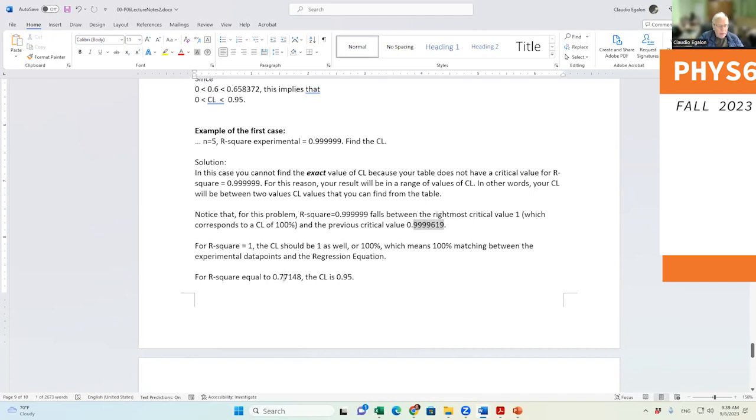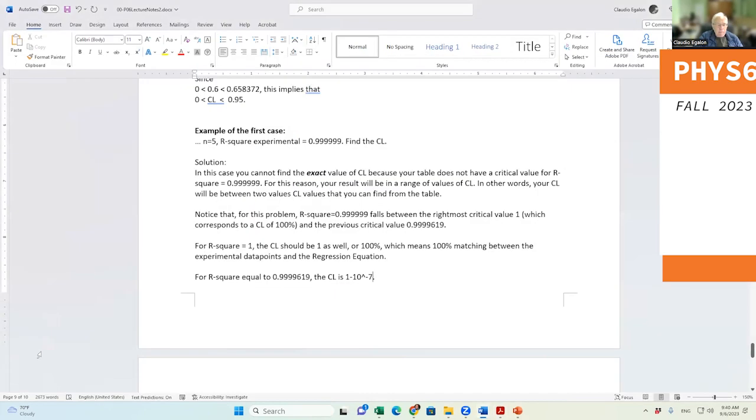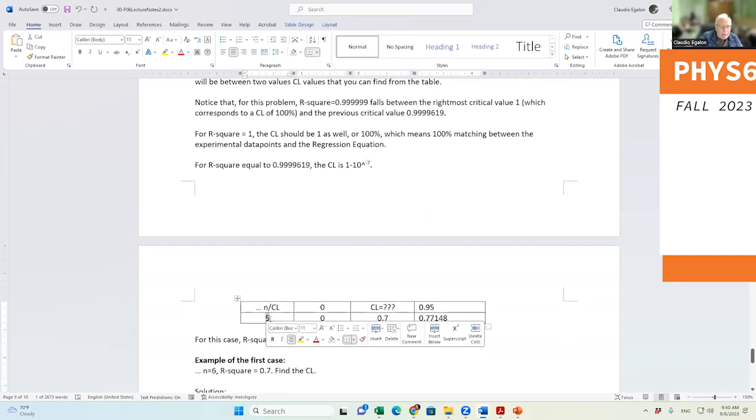For R squared equal to that, now CL is no longer 0.95, but it's going to be 1 minus 10 to the minus 7. Did you see that? Yeah, here you go. 1 minus 10 to the minus 7. Okay. And I'm going to raise to the power. And now I can go ahead and adapt this table for what I told you, with just one minor change.